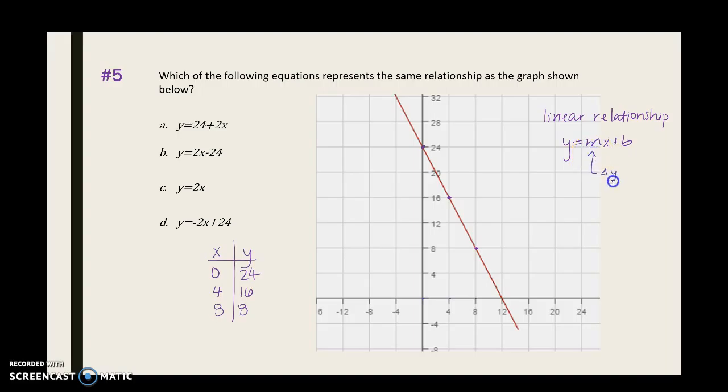So we're doing change in Y over change in X. I already know my Y-intercept. It's 24. So that's going to be my plus B. So plus 24. So let's see, I can already eliminate this because that's negative 24. This doesn't have 24.